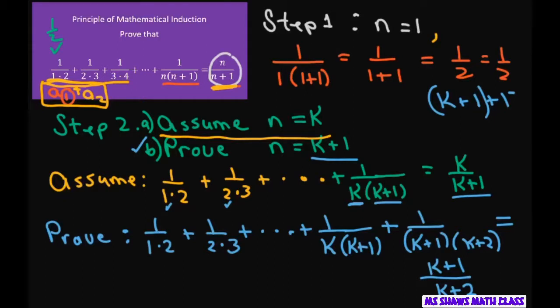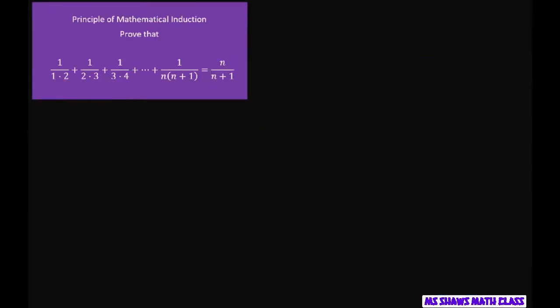Now, just keep this in mind. All of this part here equals k divided by k plus 1. So on the next slide, I'm going to write all of that equals k divided by k plus 1.